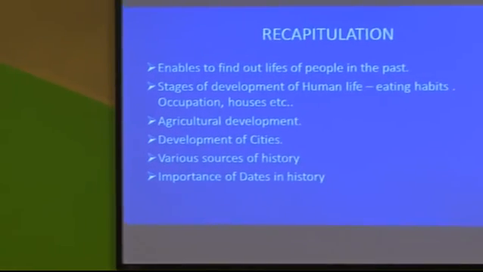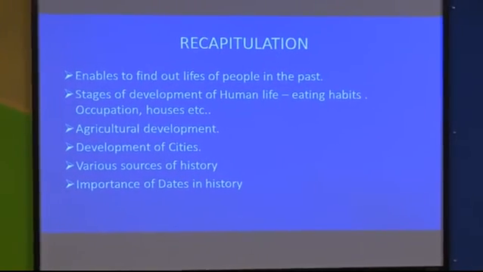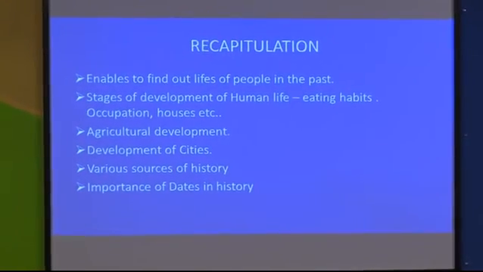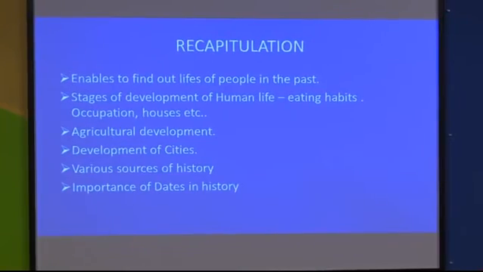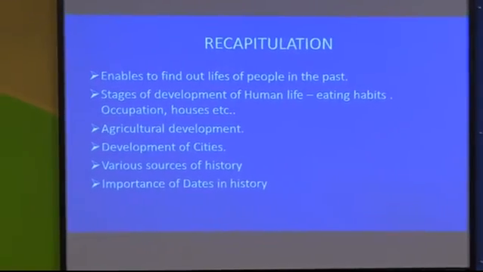First point, it is about the lives of the people in the past, lives of early humans. Then the second one, we saw the different stages of the development of human life. I showed you the slide, what were the stages of their development, and again we have seen the eating habits, occupation, their houses, their way of living, and some other things also.